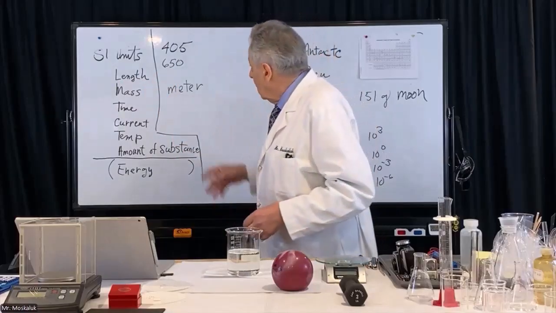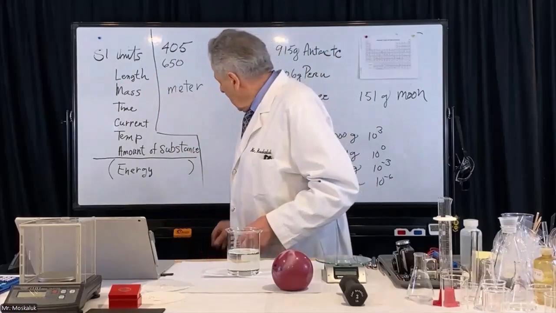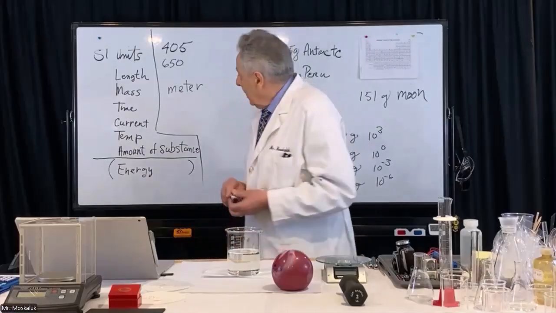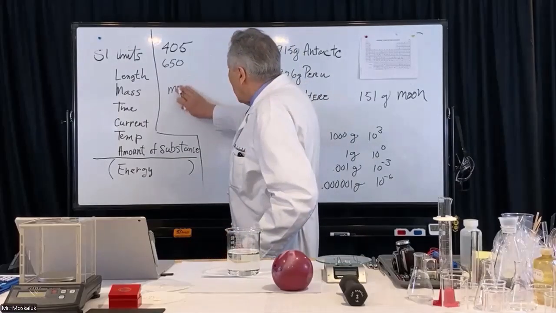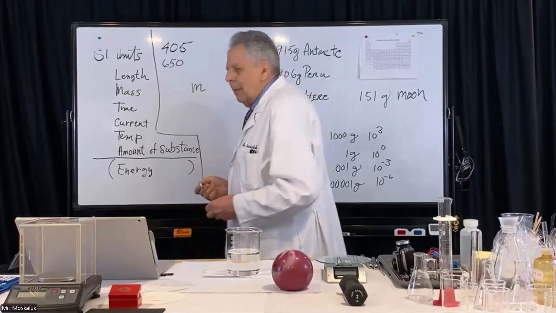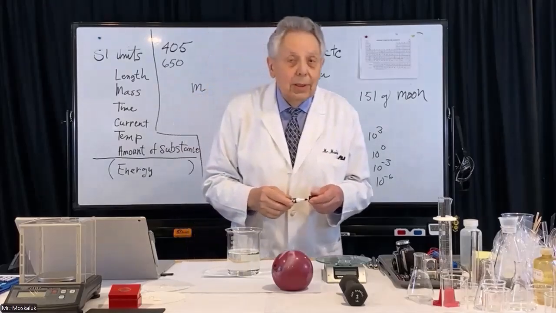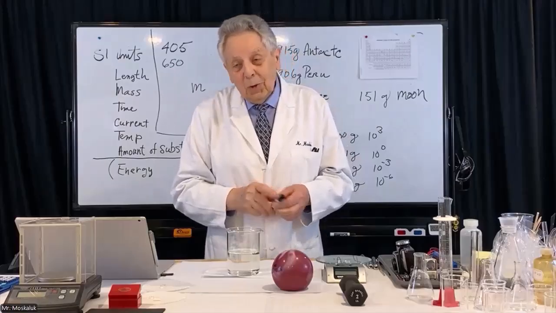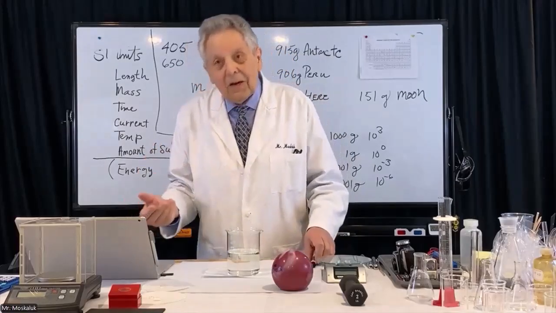Now, the official unit is the meter, M, and I'll put that unit out here, just M, lowercase. But you'll never see meters used on an AP chemistry exam. We measure things that are a lot smaller than that.